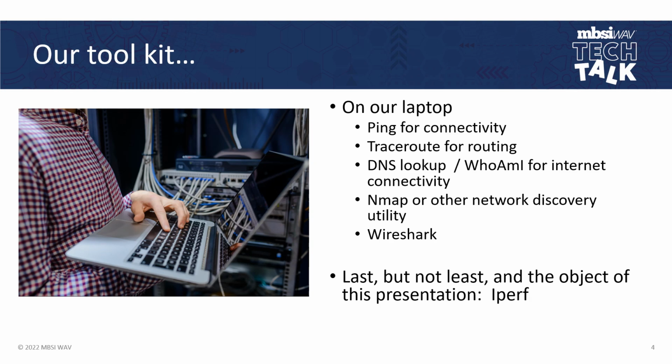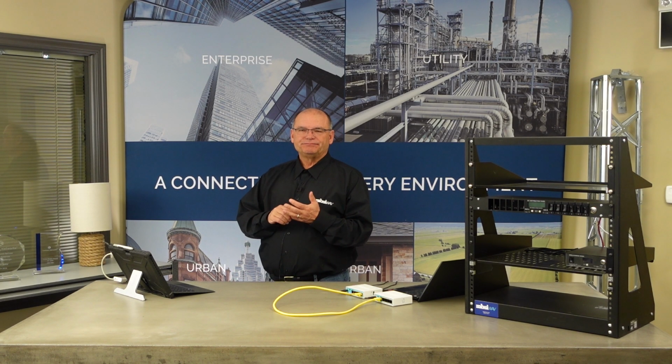We can use Nmap or some other network discovery utility to discover all of the components that we can see from this particular location. And we can use Wireshark to get a sample of the packets that we see flowing across the network. But last but not least, we have iPerf.